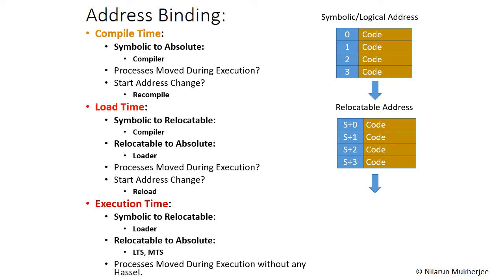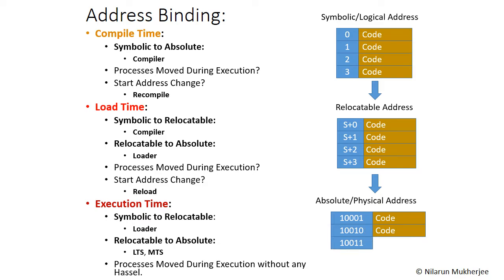So this is the relocatable address. Then finally, when it actually gets into memory, the first code gets an actual address, the second code gets an actual address, like that. So compile time address binding means the compiler does the symbolic to absolute address mapping. So when the program is moved, we need to recompile.